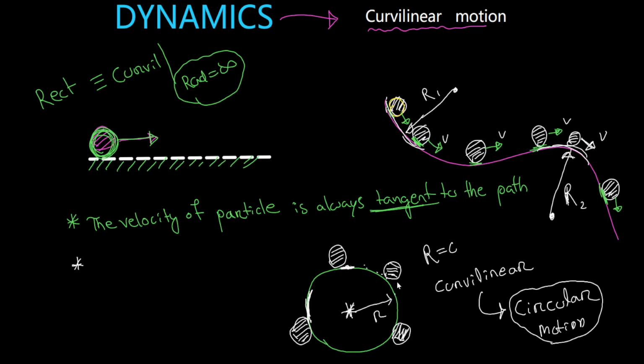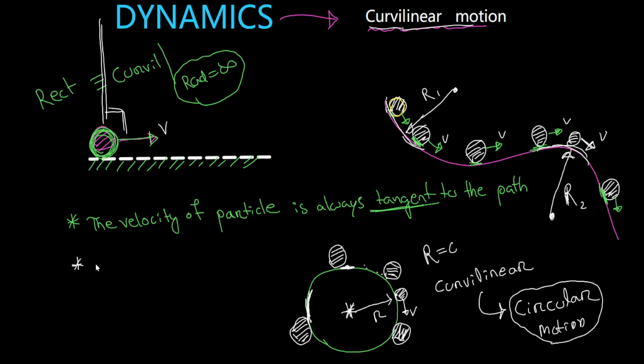Over here also the object will be like this, with the velocity vector along the path. So this tangent, this is the velocity vector, which is also perpendicular to the radius everywhere in curvilinear motion. In rectilinear motion the center is at infinity, so the radius is nothing but a vertical line, and the radius is perpendicular to the velocity vector here also.